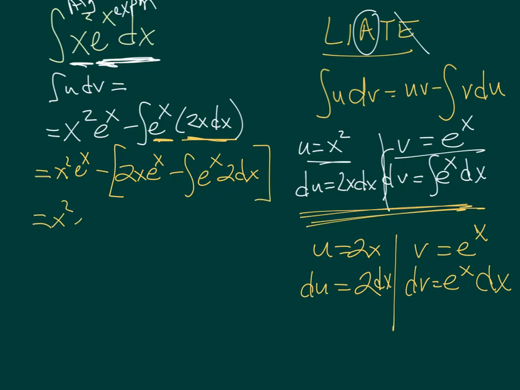We actually are almost done. Minus 2x e to the x. I am going to move this out in front so I don't have to look at it like that. So that will be a plus 2, and the integral of just e to the x now is just e to the x, and then plus c.